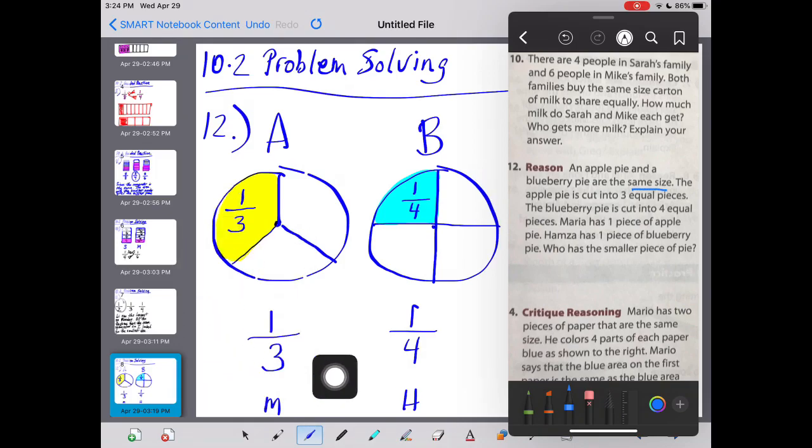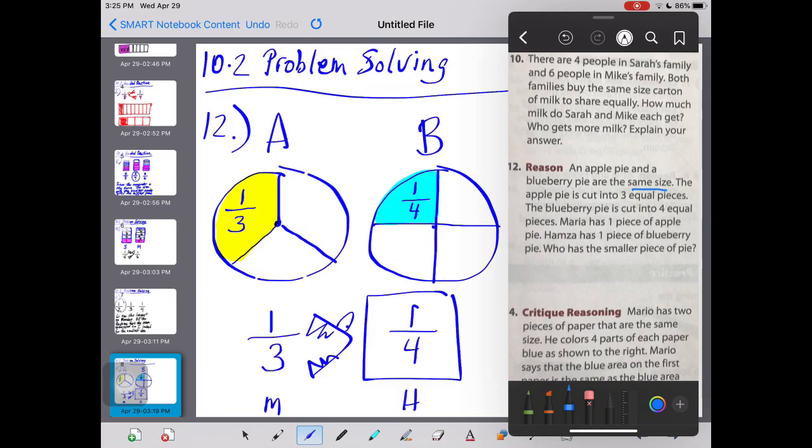This one's only been divided up into 3 pieces as compared to dividing up into 4 pieces. So who got the smaller piece? Hamza. She did. So we could say 1/3 is larger or greater than 1/4.